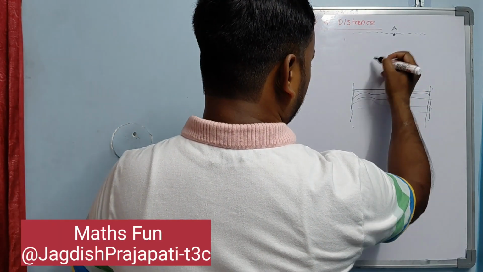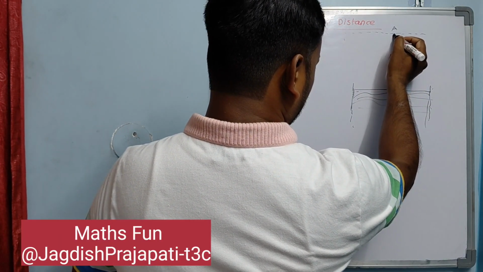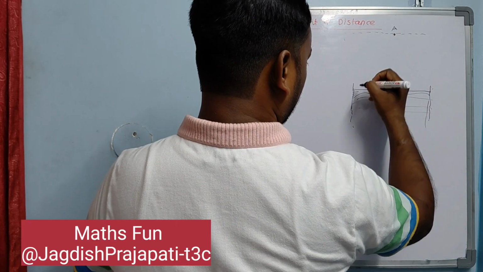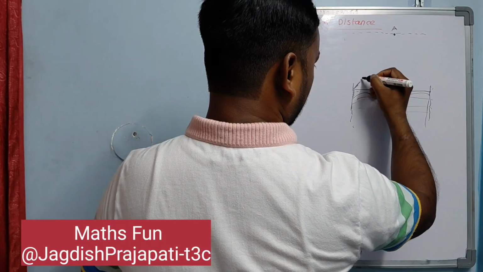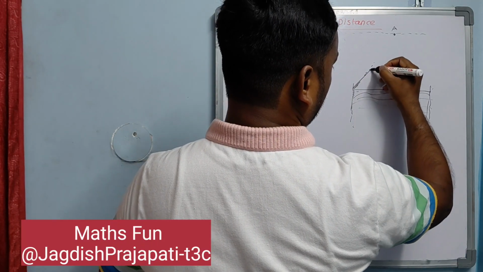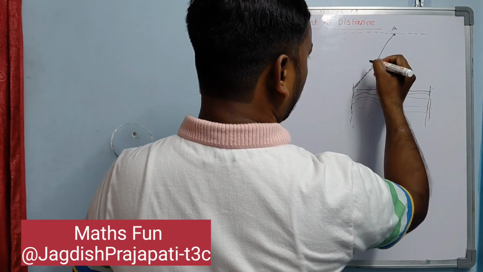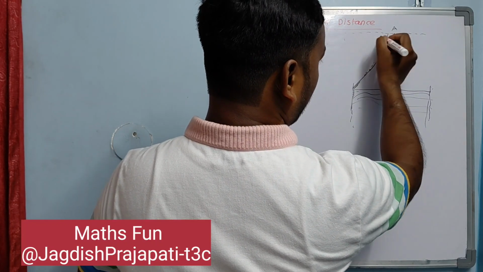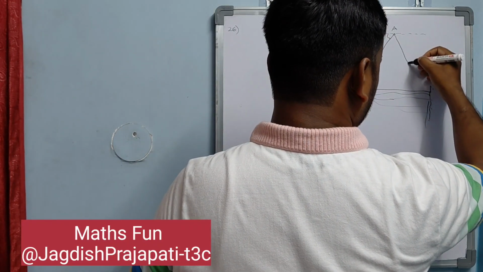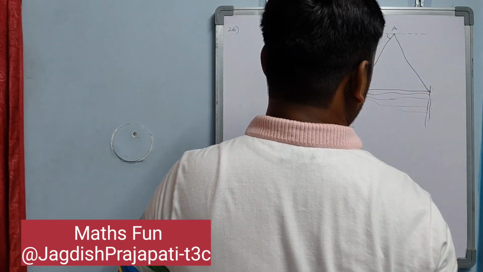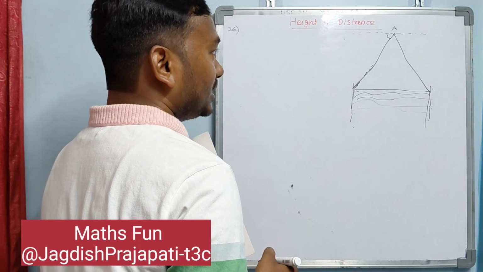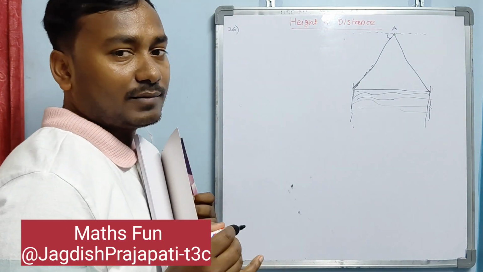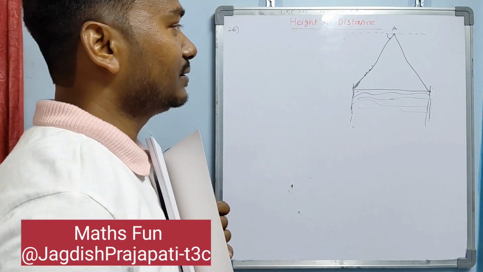So this is the bank of the river, so this is one depression angle and this is the other depression angle. If you see in the previous lecture, I have stated that the angle of depression is equal to the angle of elevation.